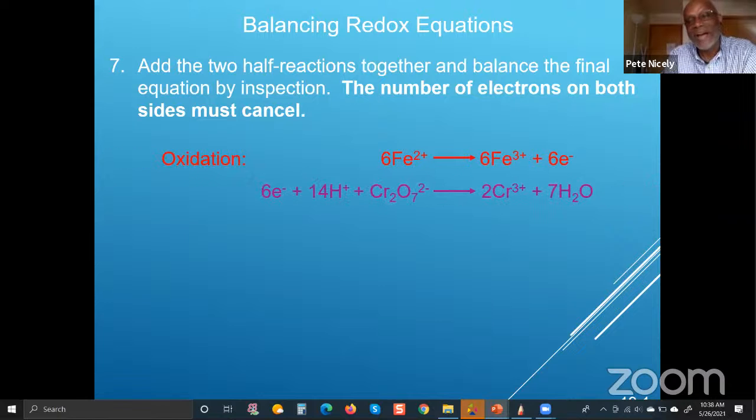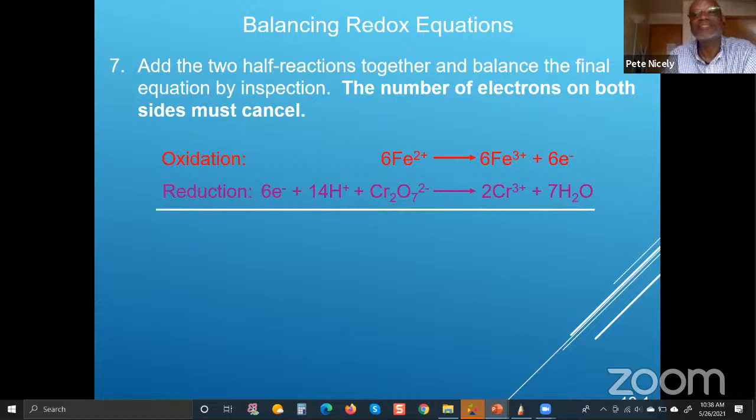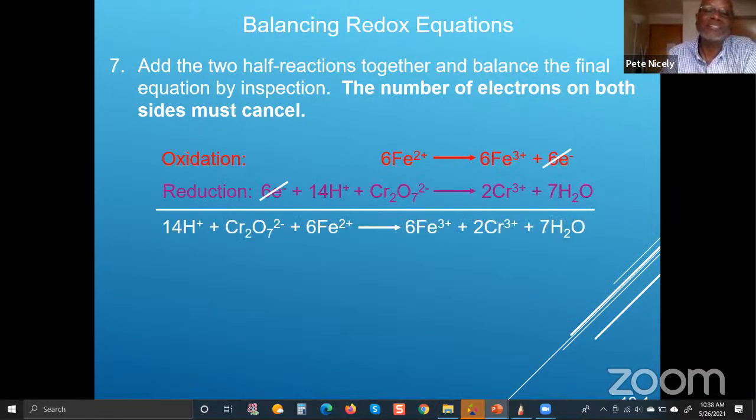When you're adding these two half equations, the electrons must cancel out, as you can see here and here. There's nothing else to cancel out. We're going to look at some examples where other items will cancel out, but for now, nothing else will cancel out in this case. All we have to do is write down what is left, and that should be the final answer, all right?